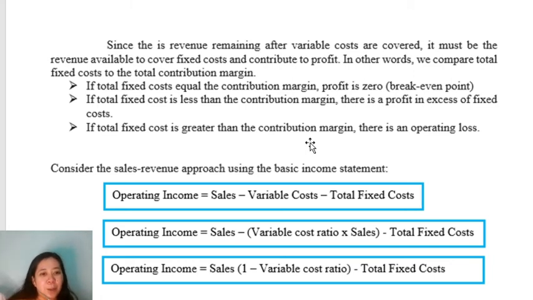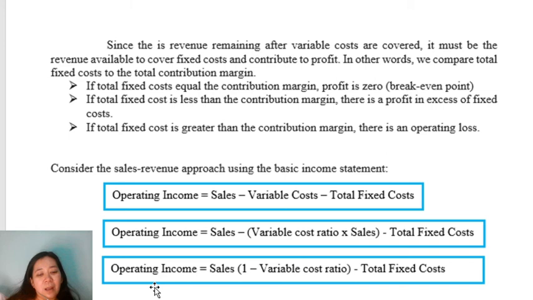Okay, so here we will consider the sales revenue approach using the basic income statement. Operating income, again, is the same as what we presented earlier under the contribution margin approach: sales minus variable cost minus total fixed costs. The second one is just the expanded form, and the third one is the same.